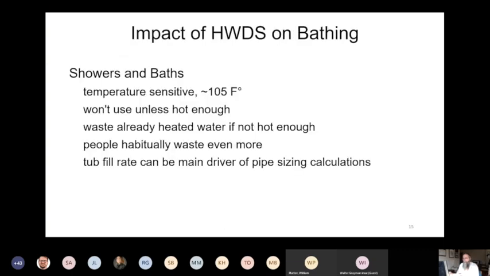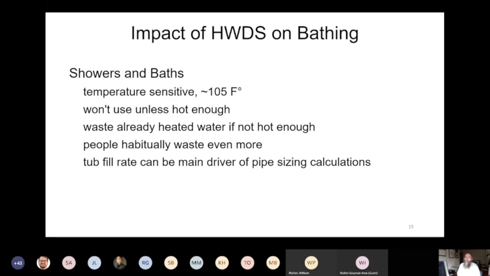And then here I'll take it into bits and pieces. So, the impact of the hot water distribution system on showers. For showers and baths, we want the temperature around 105. We won't use it, especially for a shower, unless it's hot enough. Maybe some people do, but most people don't.